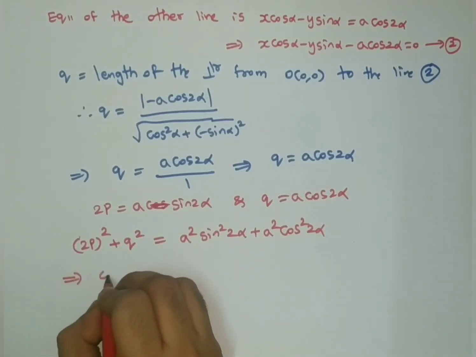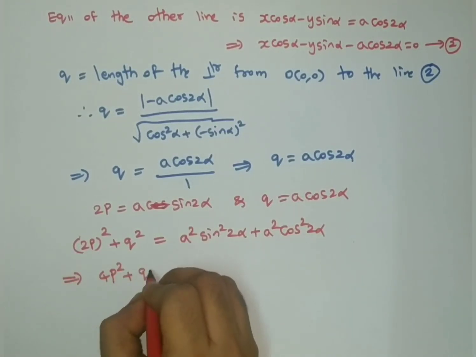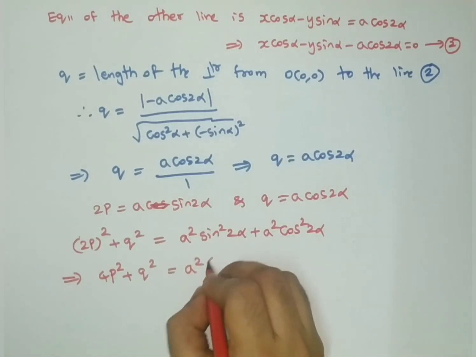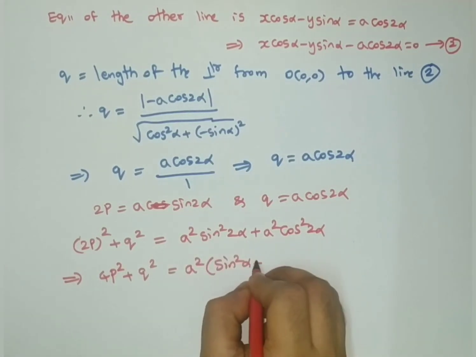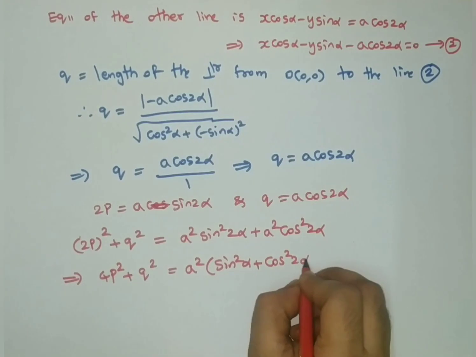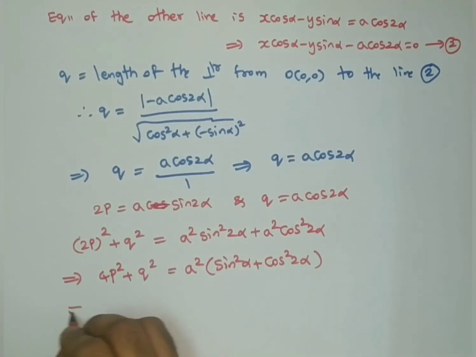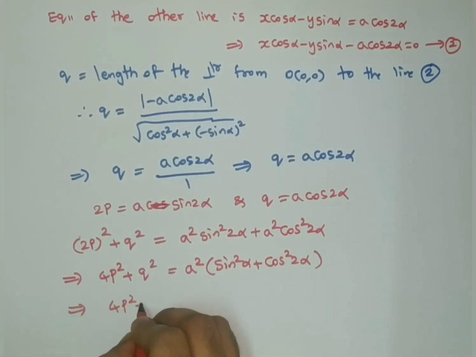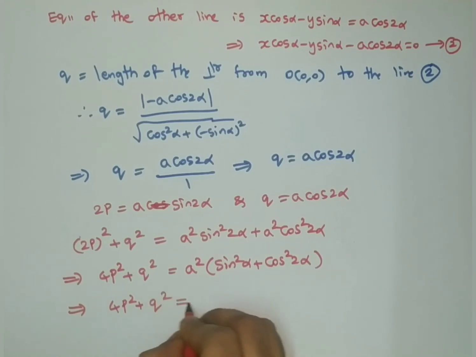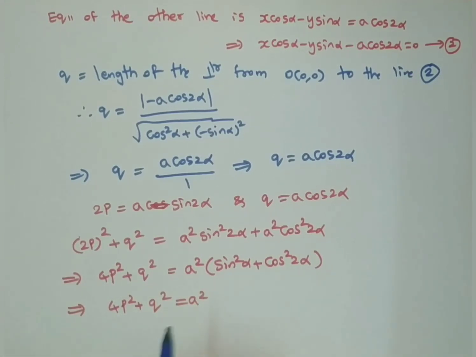That implies 4p square plus q square is equal to a square into sin square 2 alpha plus cos square 2 alpha. What is this value? 1. So that implies 4p square plus q square is equal to a square. So we got the condition.